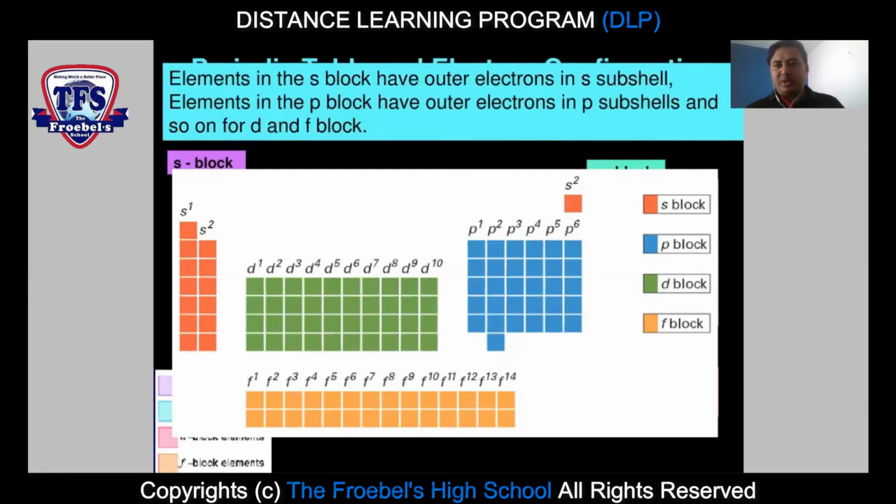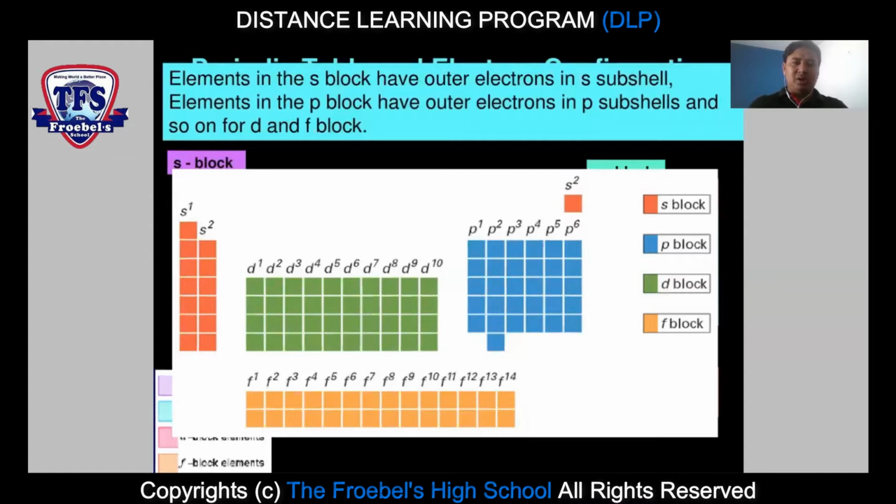S orbital has a capacity of 2 electrons, P orbital has a capacity of 6 electrons, D orbital has a capacity of 10 electrons, and the F orbitals have a capacity of 14 electrons.